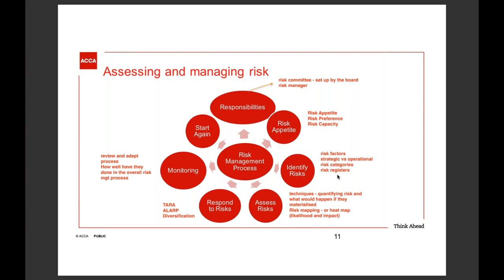So what you have inside your risk register is what you have already assessed. Under identifying risk, once you have identified what kind of risks you have, you will record them inside your risk register.